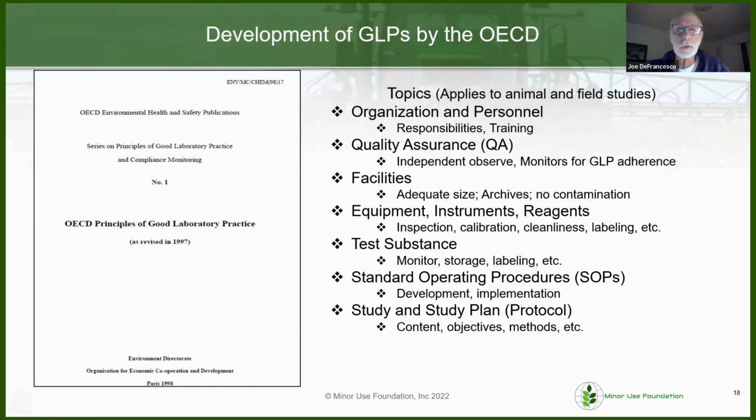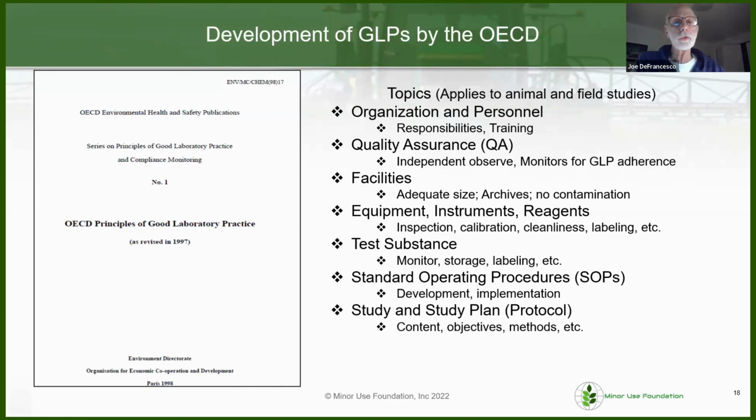Equipment and instruments, any devices used in that study need to be inspected, maintained properly, of course, calibrated before they're used. The reagents used in the lab, the pesticide used in the application needs to be labeled properly and stored properly too.